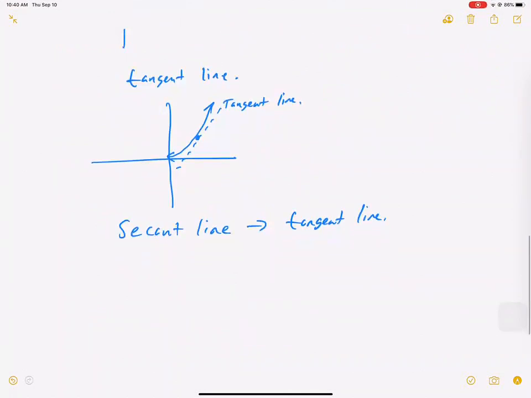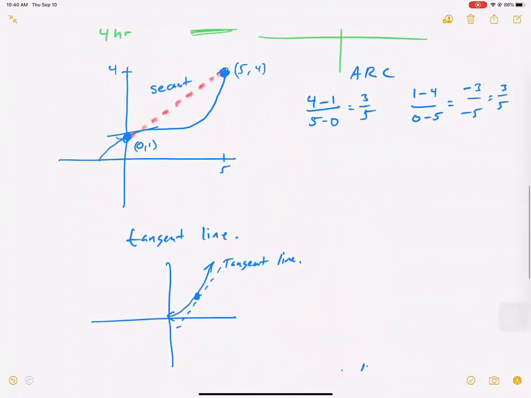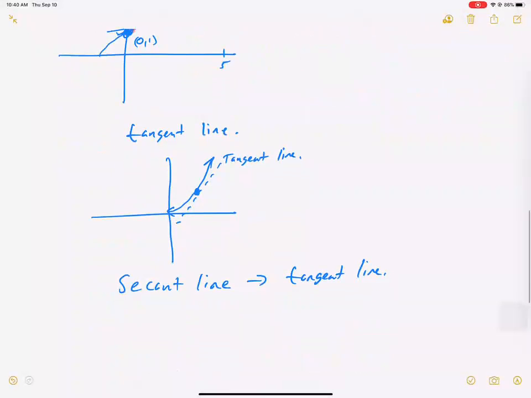Why? Because the tangent line is actually the slope at that one point on the graph. A secant line gives me the overall slope of two parts of the graph, the overall average rate of change. But what if I want to figure out what is the slope of a line at this one particular point?